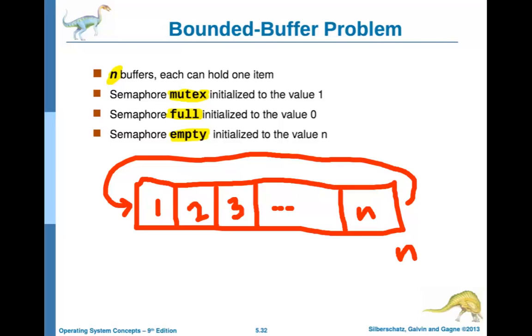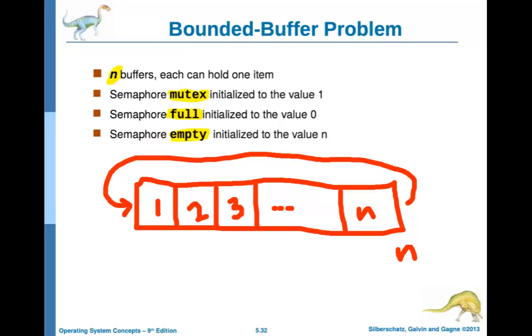So full necessarily indicates how many elements are available in the buffer. Whereas the semaphore variable empty is initialized to n. See, the full semaphore variable is initialized with 0. That means initially everything is empty. There is not a single element.